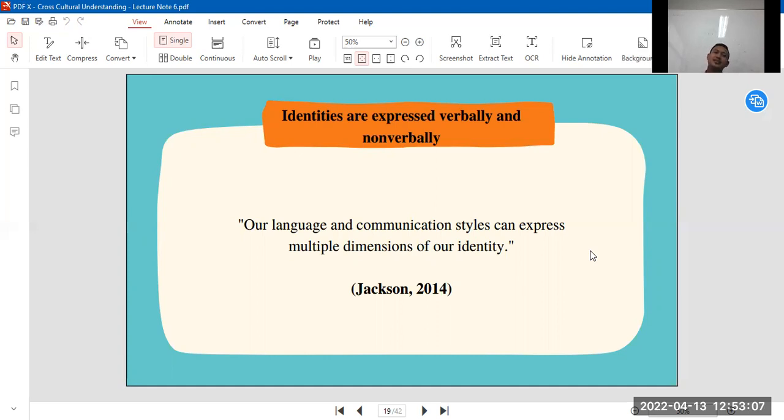Let's say some Muslim girls may wear hijab, the head covering.